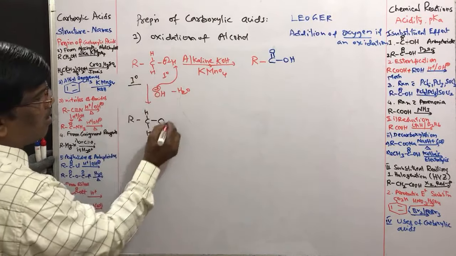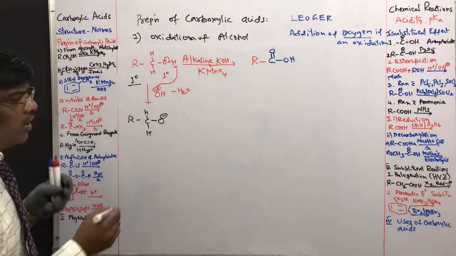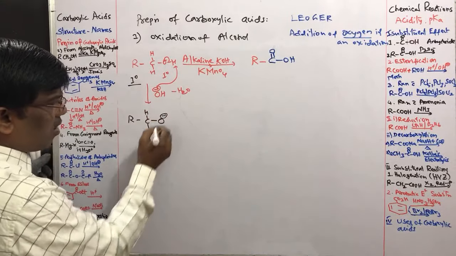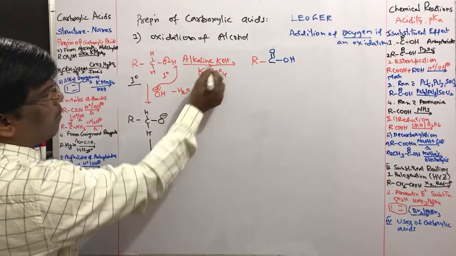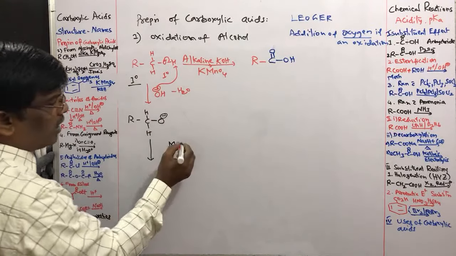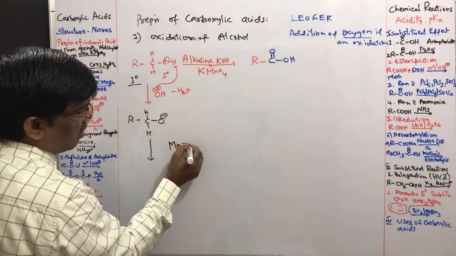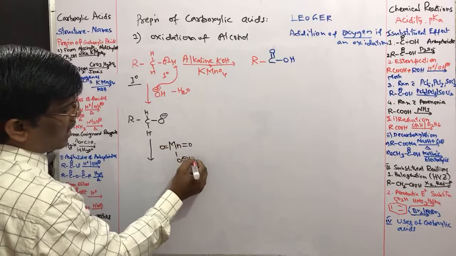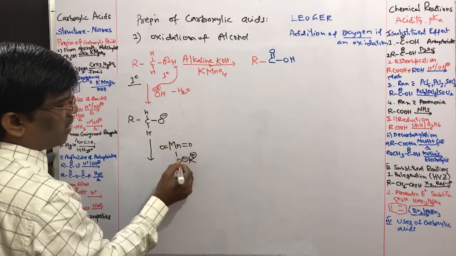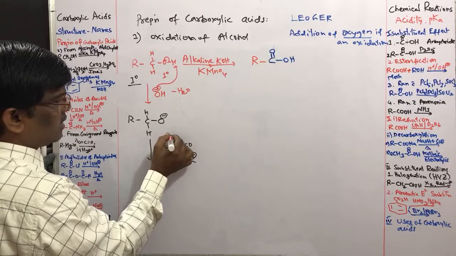This is oxygen minus now. This minus oxygen is going to add to MnO4. KMnO4, when it loses potassium, I can write potassium positive and O minus.